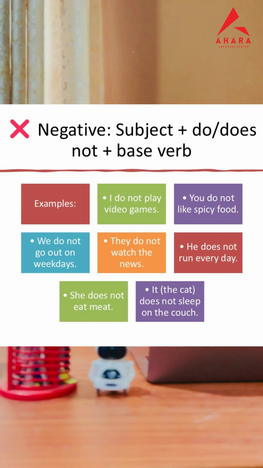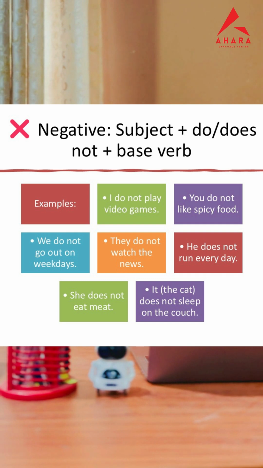Let's move to the second grammar rule. What does it say? The negative: subject plus do or does not plus the base verb. Here we are saying use do not for I, you, we and they. You know that these are the plural pronouns. So when we are using those, we will be saying do not.